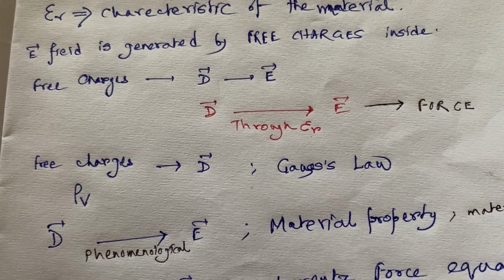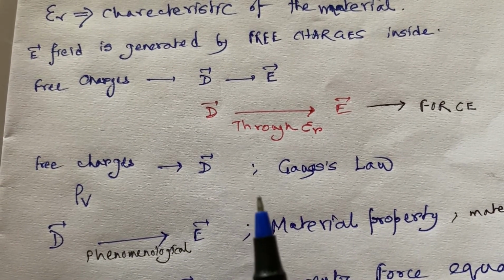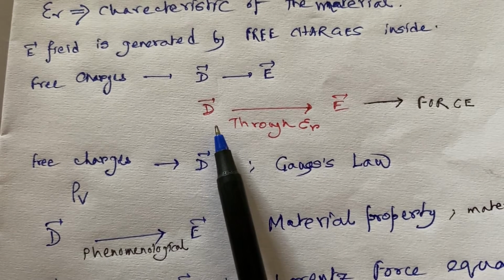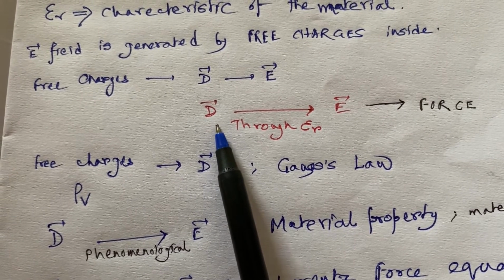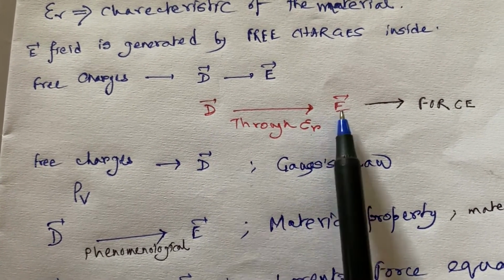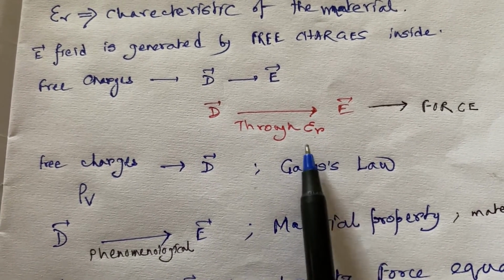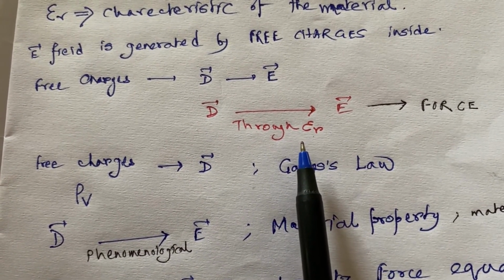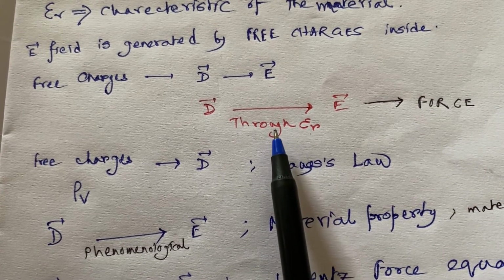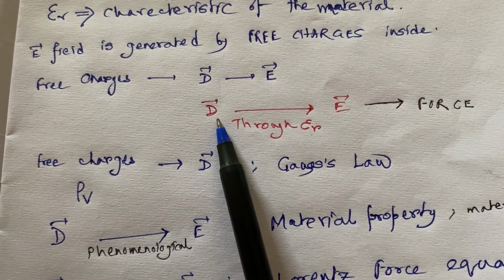But in case of materials, these free charges generate electric flux density. Electric flux density can be used to determine the electric field, and this relationship is basically phenomenological, and this D is actually independent of the material.